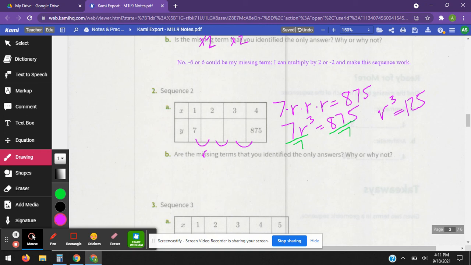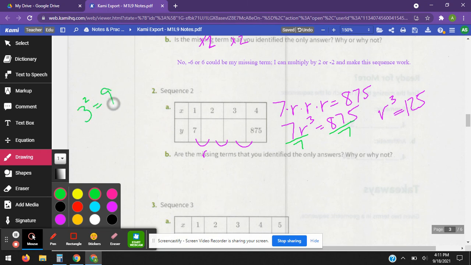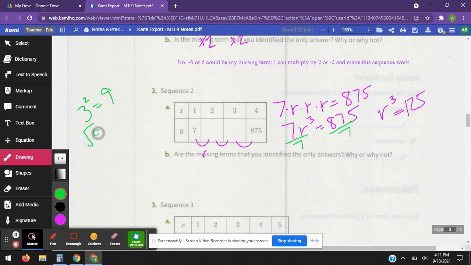Now I can either think of it in those terms, or I can do what's called a cube root. Just like, if I have 3 squared equals 9, then I can take the square root of 9. What times itself equals 9? Well, 3 does, because 3 times 3 is 9.